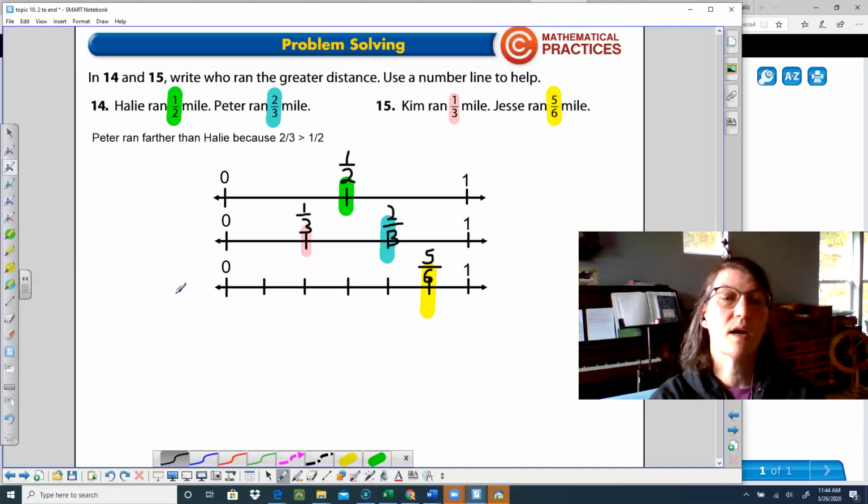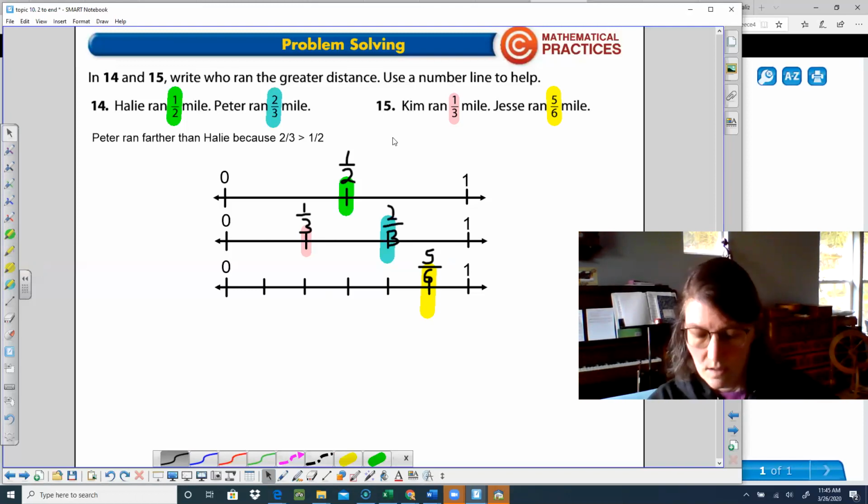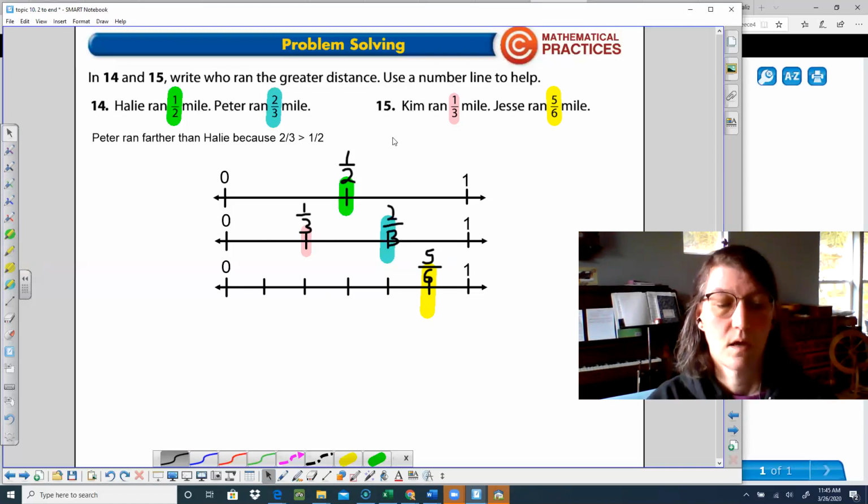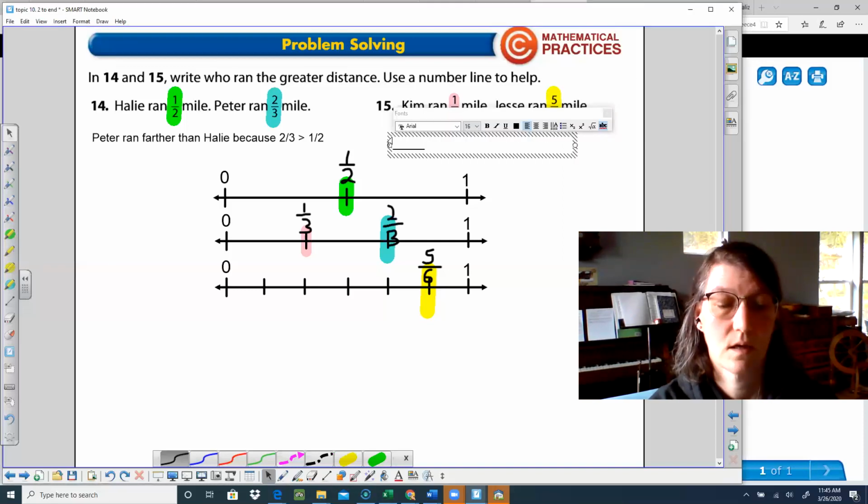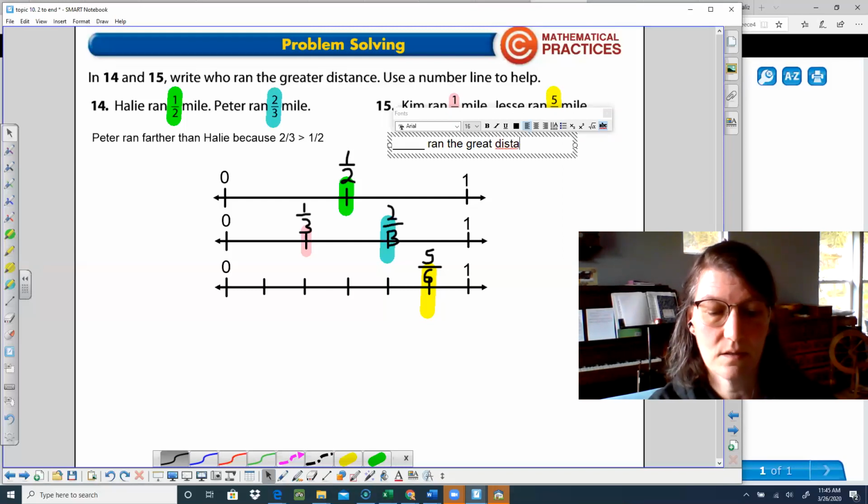Okay, I have labeled my number line, and I am comparing 1/3 and 5/6. So here's my 1/3, here's my 5/6. Who ran the greater distance? I'm going to put my cursor here. And I'm going to do blank ran the greater distance because, oopsie, spelled that wrong.